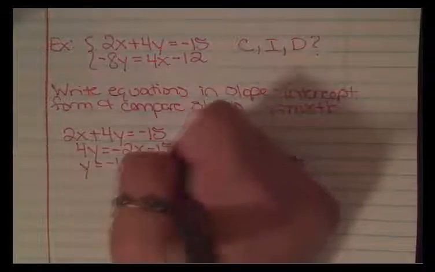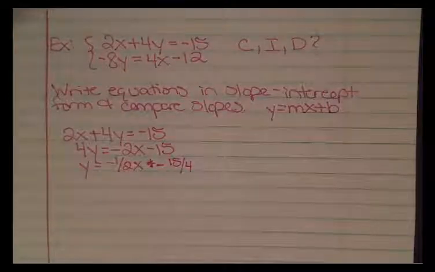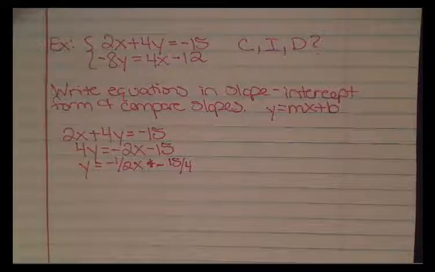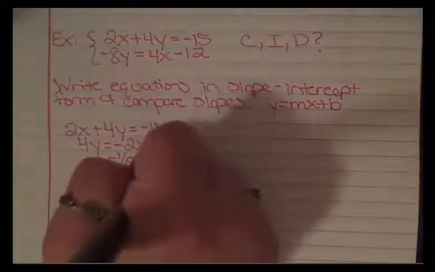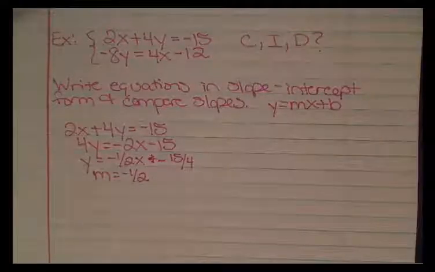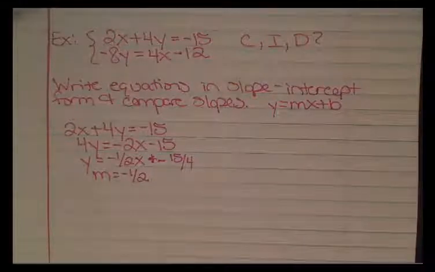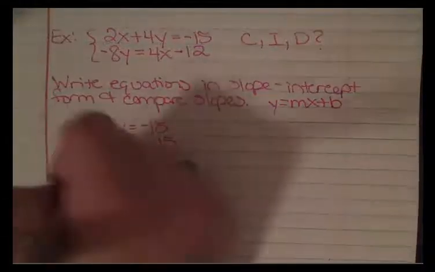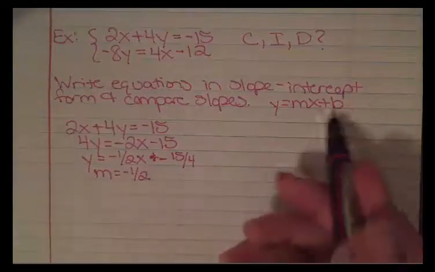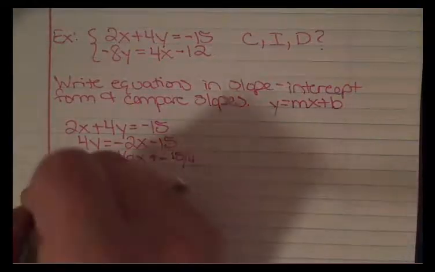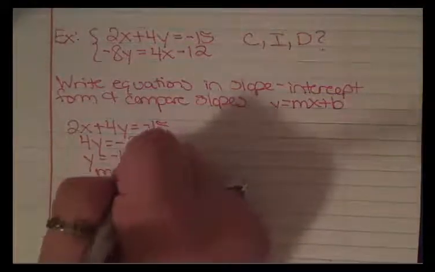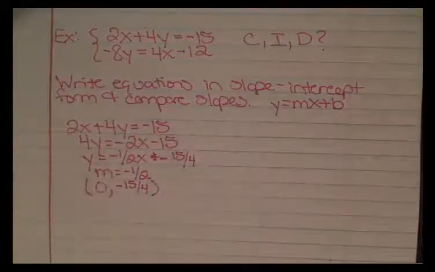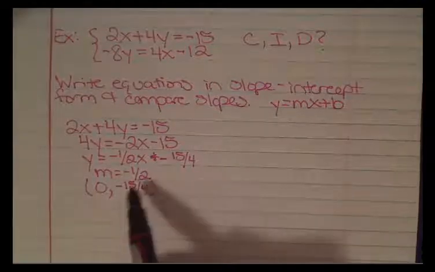And then remember, our m is our slope, so in this case our m is negative 1/2. And just because we might need to know this, what is our y-intercept? That's our b, so it's negative 15 over 4. So our y-intercept is (0, negative 15/4), because if we find that our slopes are the same, then we're going to have to know this.